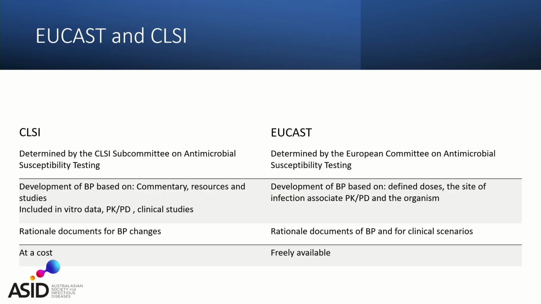So in the latest iteration, there are now breakpoints for endocarditis, and there is a rationale document discussing endocarditis breakpoints. And CLSI has always been at a cost, though this is changing and becoming more freely available. EUCAST is freely available to everybody on the website.